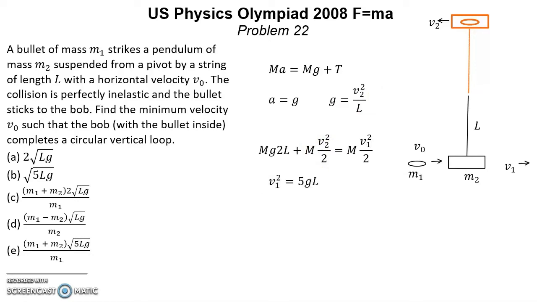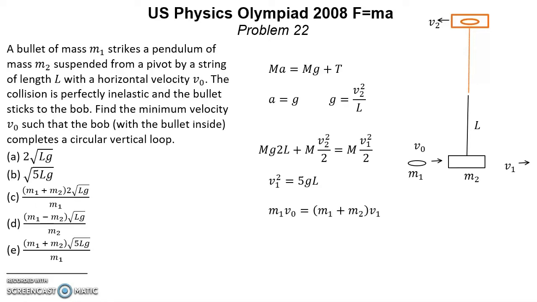And the last step is to find the initial velocity v0, because here we have an absolutely inelastic collision. We have momentum conservation here, and we can write this equation.